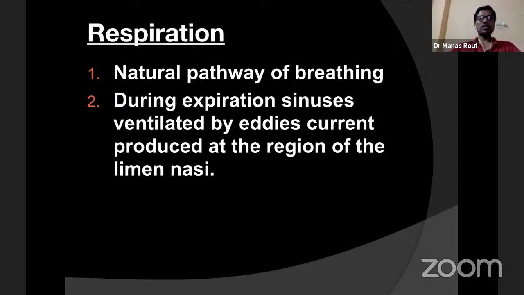Normally, lungs are ventilated during inspiration and empty during expiration. Just the opposite happens for the sinuses. While air is going outside during expiration, in this lamina region it gets obstructed a little bit. Some amount of air, an eddy current, goes up, and that helps in ventilating the sinuses. That will enter the sinuses.